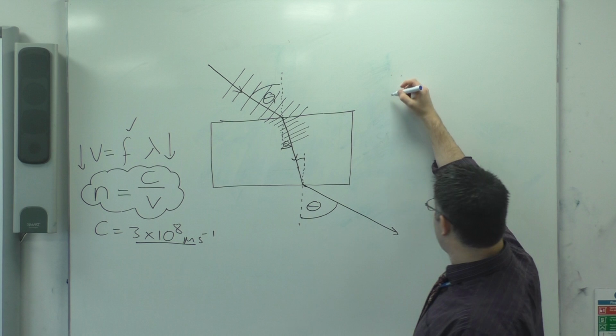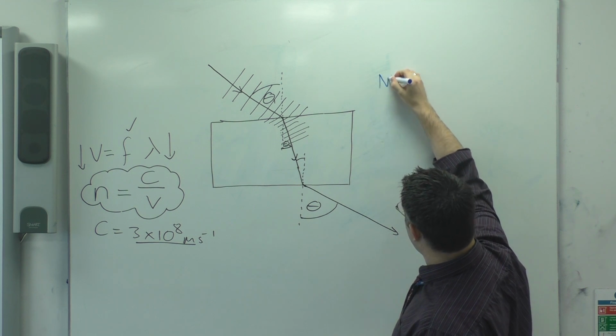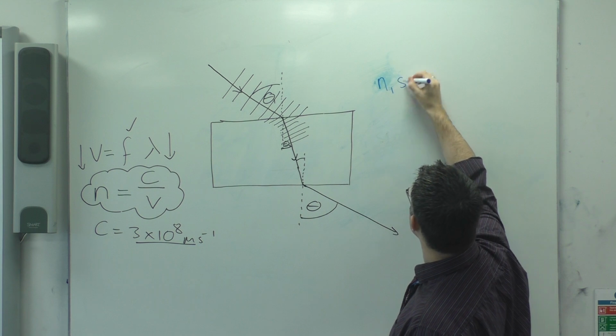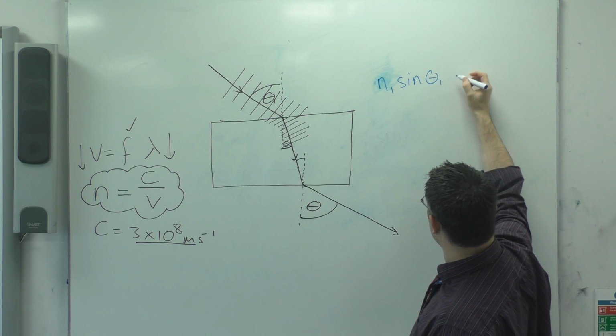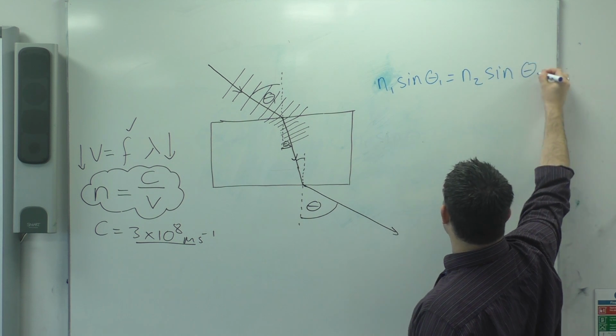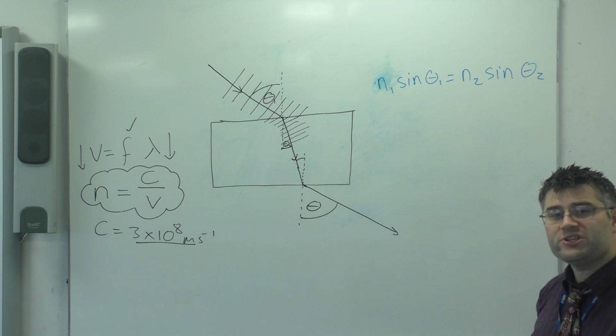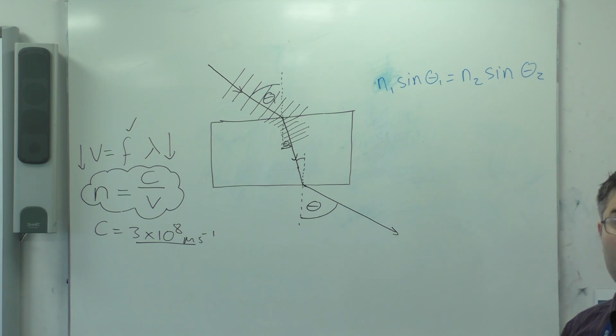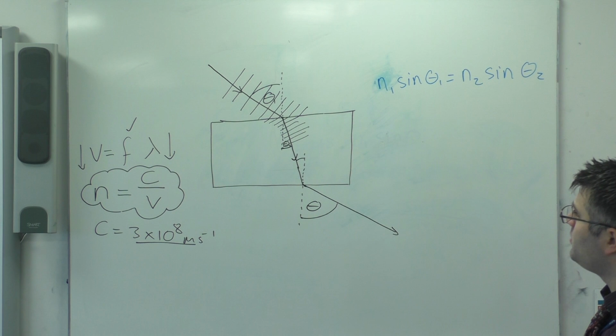Snell's law is termed as, n1 sine theta 1 is equal to n2 sine theta 2. Now what's important about this equation is that all of these values can be found from the drawing I've drawn on the board here.